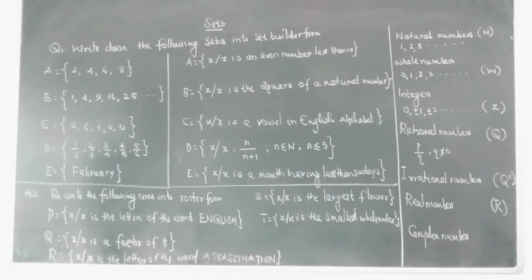When you collect all these groups, natural, whole numbers, integers, rational, irrational, in one collection, this whole collection is known as the real numbers. The symbol is capital R. Real numbers have a speciality.